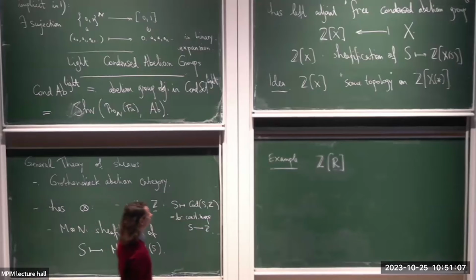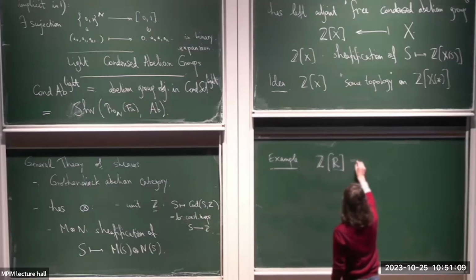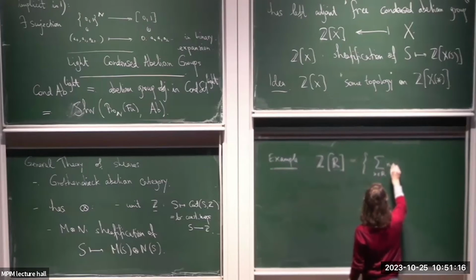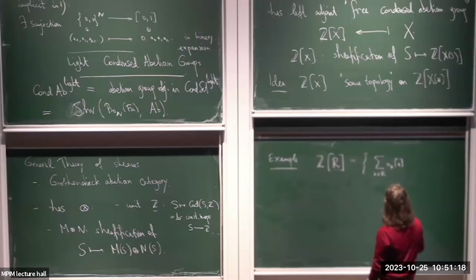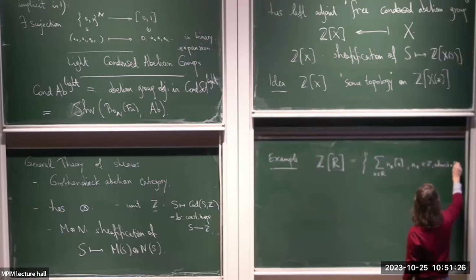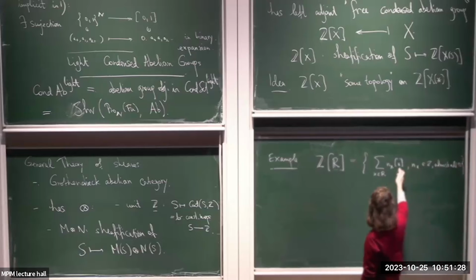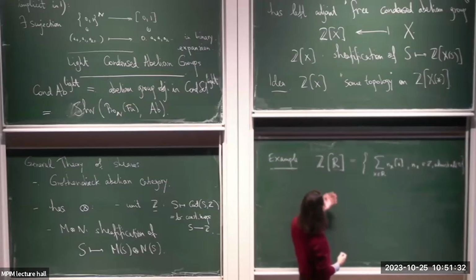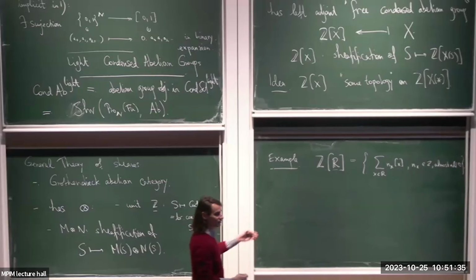So what kind of object is this? It's somehow sums, if you want, of real numbers weighted by some integers, where n_x is an integer and they're almost all 0. So you might think of these guys represented by x maybe as Dirac measures, and then these are finite sums of Dirac measures or something like this.